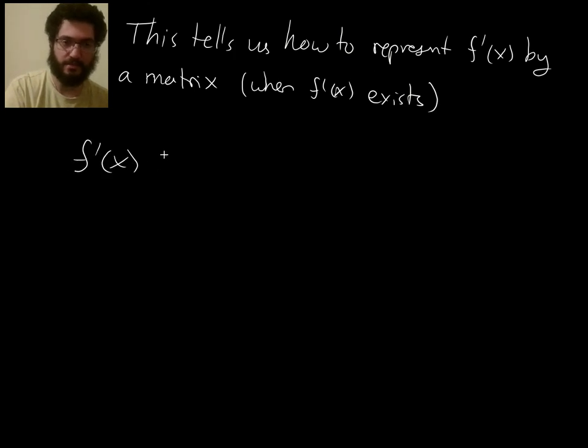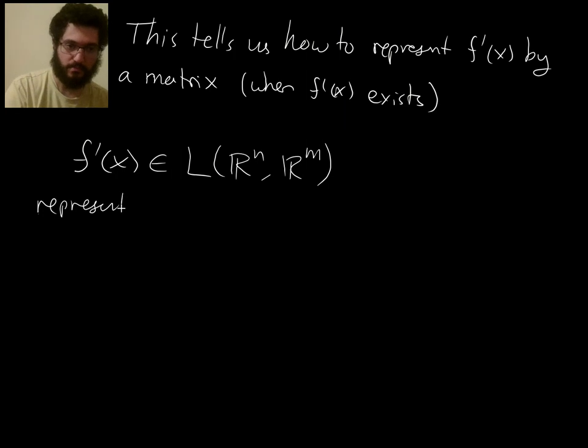Let me just write down the matrix. So this will be a linear map, R^n to R^m, and so it'll be represented by an m by n matrix when you use the standard basis.